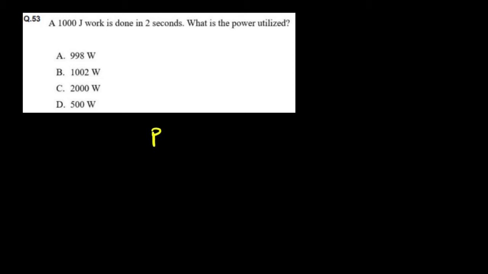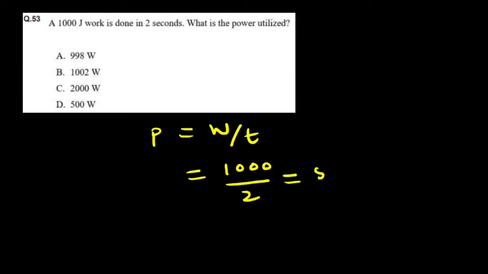P equal to W upon T. So what is given? Work is given as 1000 joules in 2 seconds. So what is the power utilized? It is 500 watt. So option D is the right answer.